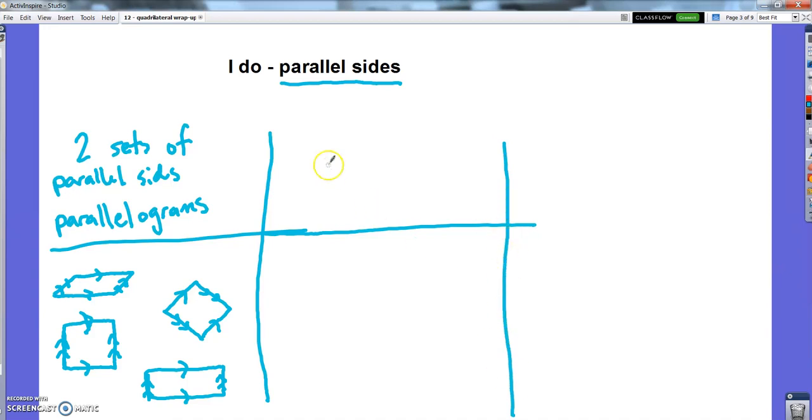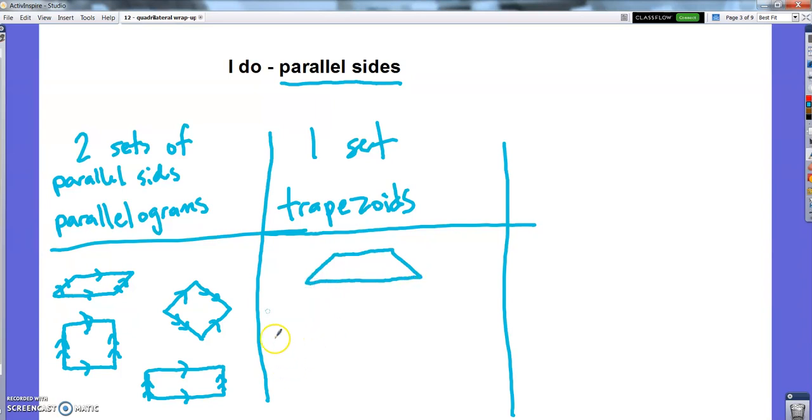If they have 1 set of parallel sides, we call them trapezoids. Some common ones, the most common trapezoid looks like this. We actually call that an isosceles trapezoid because if you were to extend it, it would make an isosceles triangle.